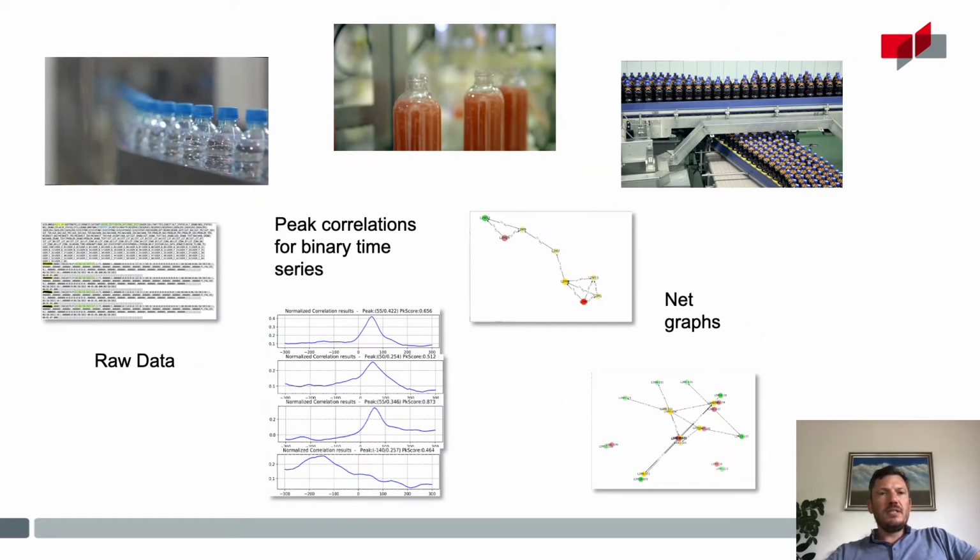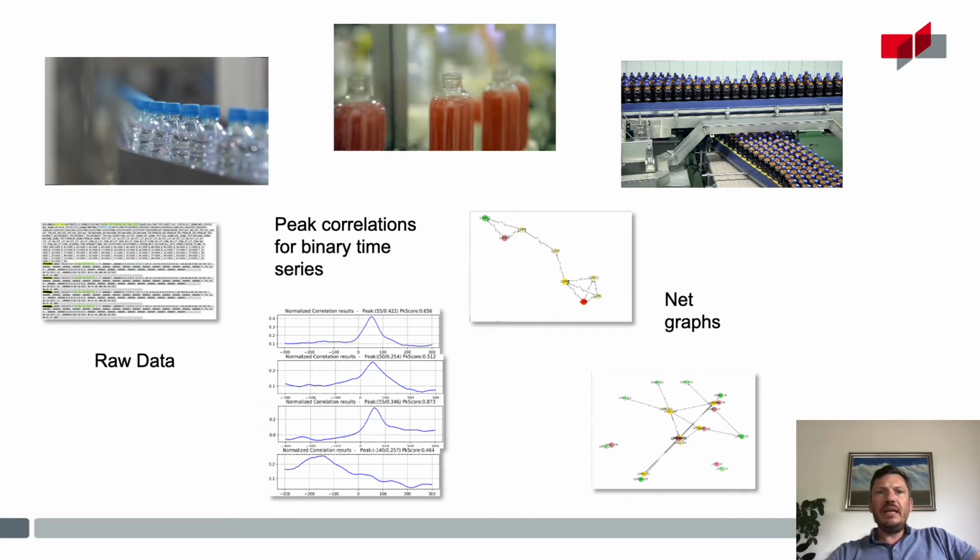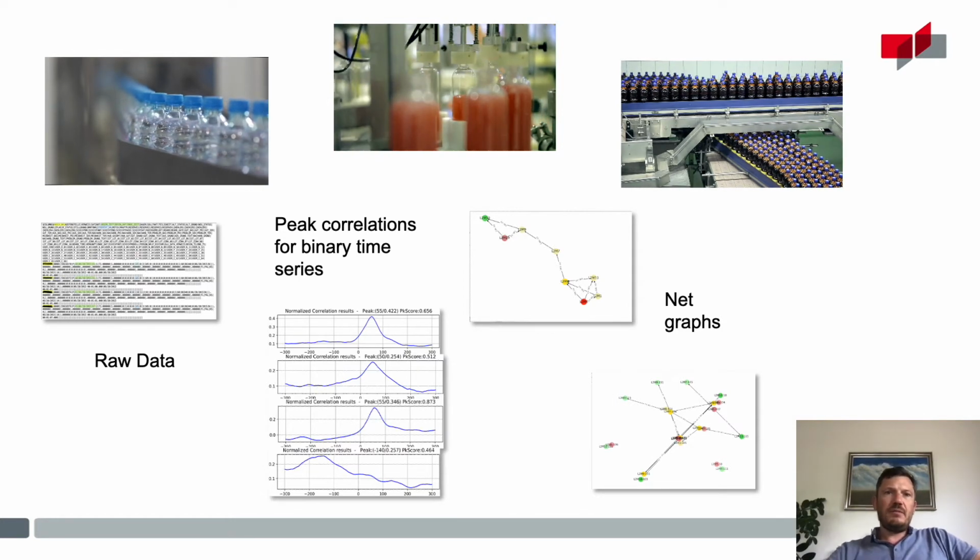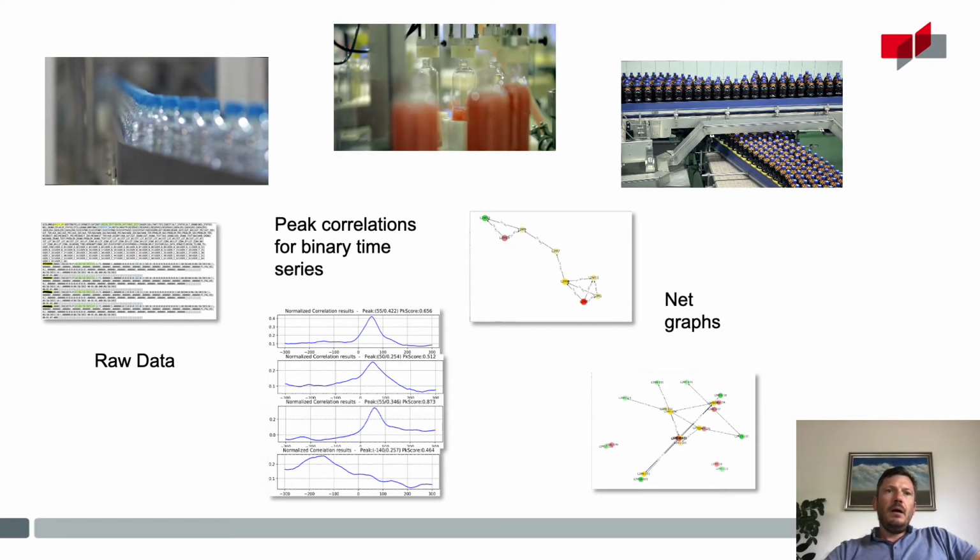Now let us consider a real-world production environment. Something like bottles come in, are cleaned, are filled, and then packaged. What we are dealing with are three different objects. First, we consider raw data from such a production environment.